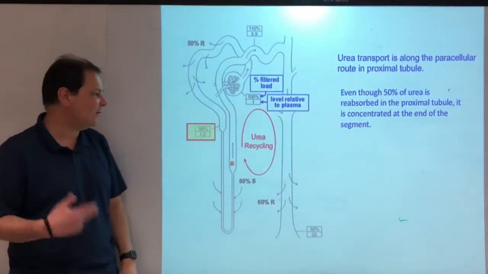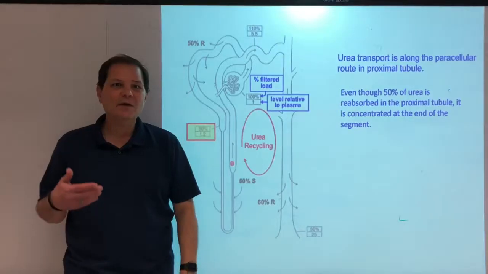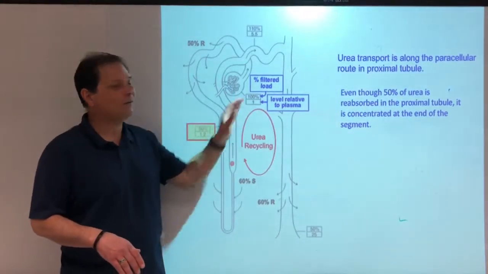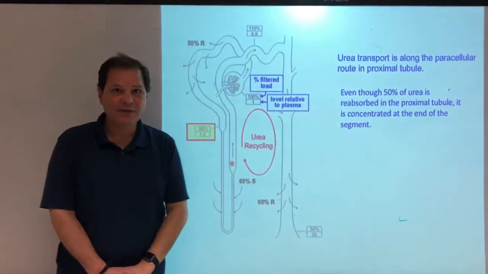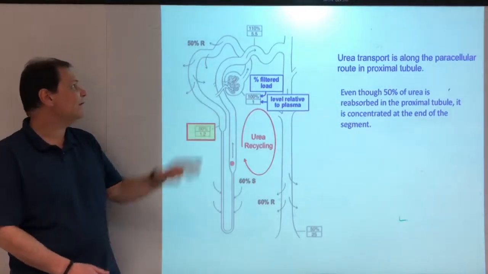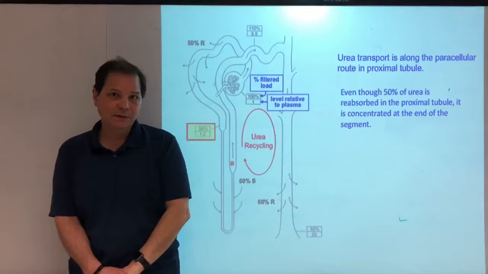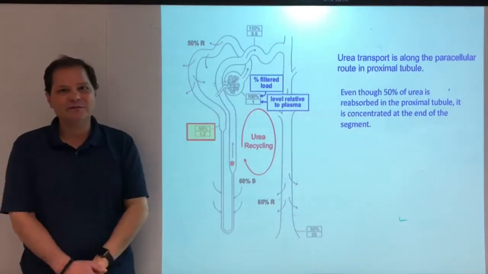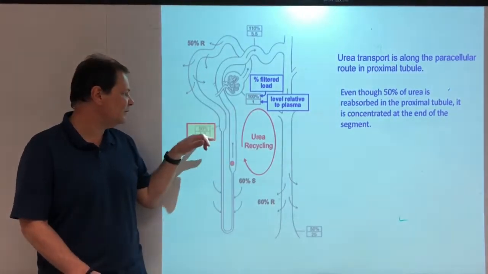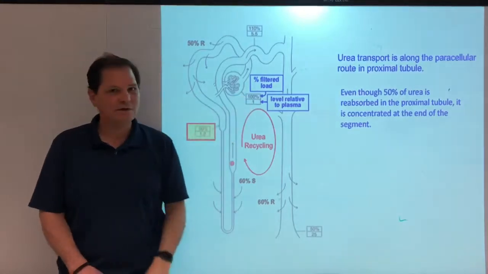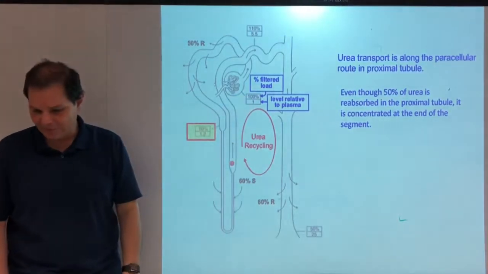That should tell you that more water was reabsorbed in this segment than urea. So even though we lost 50% of the urea, we lost more than 50% of the water, and that actually raised the concentration of urea. So at the end of the proximal tubule, we're at a higher concentration than we were in Bowman's capsule.